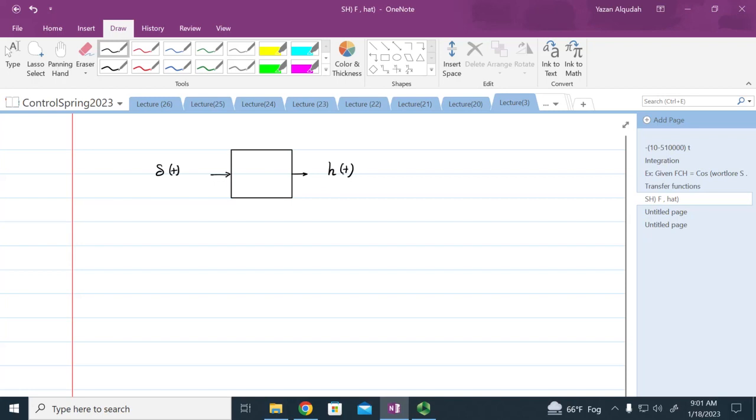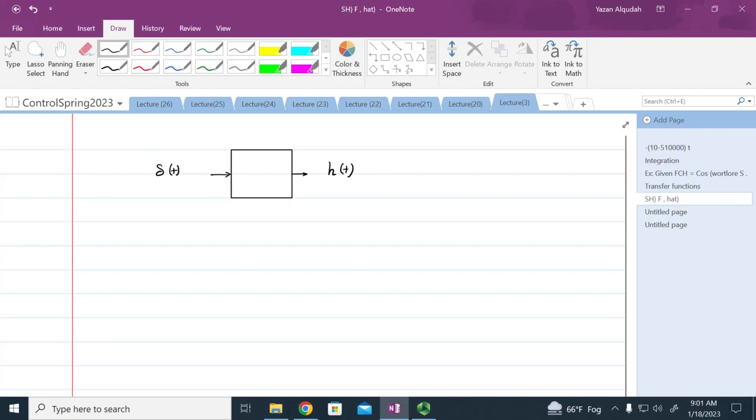So if I gave you h of t, and now I have an input x of t, what is the output? X of t times h of t? That's a good guess. That is wrong. Anybody? It is t divided by delta t? A good guess. That is even more wrong.